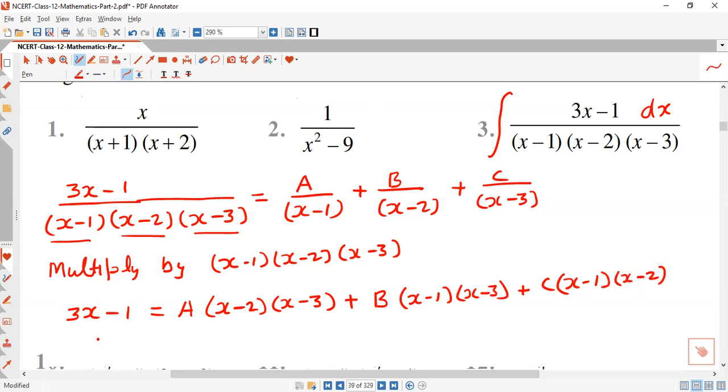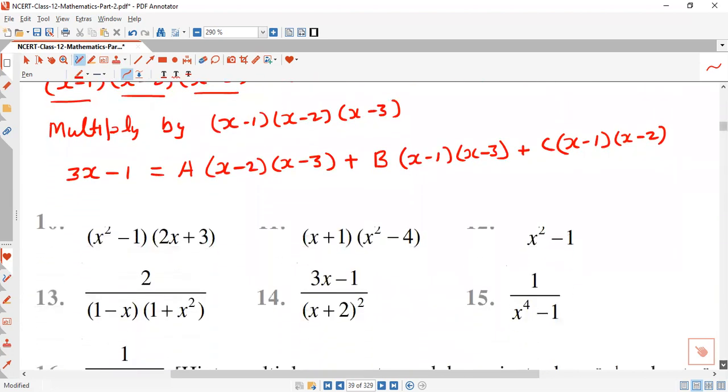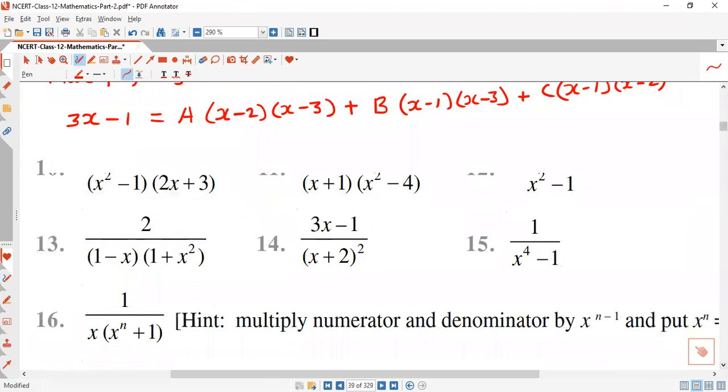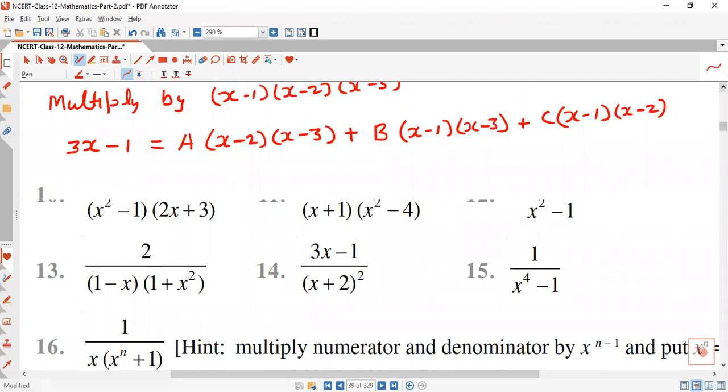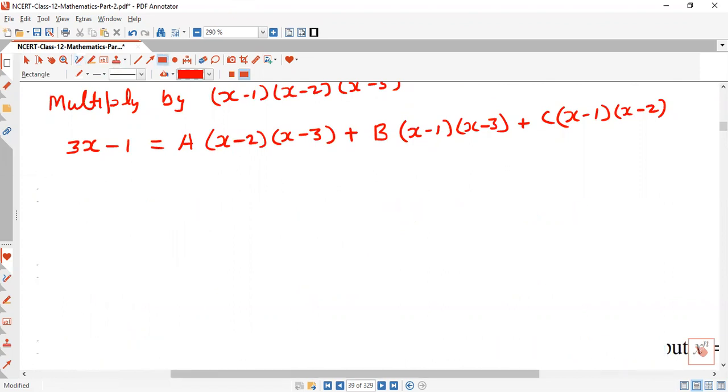Now, see, these are factor terms. I would like to simplify further. Let's see how we simplify this one.